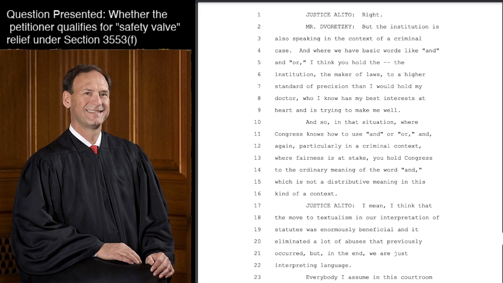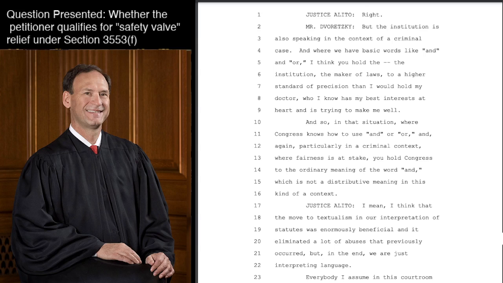I think you hold the institution, the maker of laws, to a higher standard of precision than I would hold my doctor, who I know has my best interest at heart and is trying to make me well. And so in that situation where Congress knows how to use and or, and again, particularly in a criminal context where fairness is at stake, you hold Congress to the ordinary meaning of the word and, which is not a distributive meaning in this kind of a context.